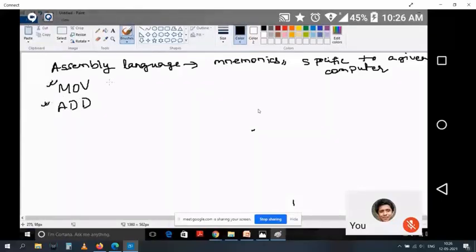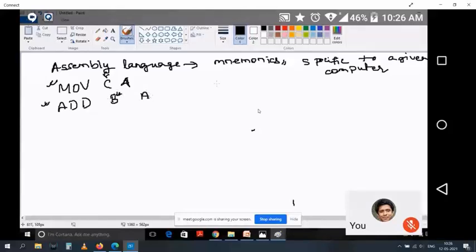So MOV C,A. If I'm writing that, I'm moving the contents of the accumulator to register C. We saw there are B, C, D, E, H, L. There were 6 eight-bit registers in the microprocessor. So when I'm writing in my assembly language MOV C,A, that means I'm moving the contents of the accumulator to C. When I'm writing ADD B, what I'm saying is add the contents of B to the accumulator.